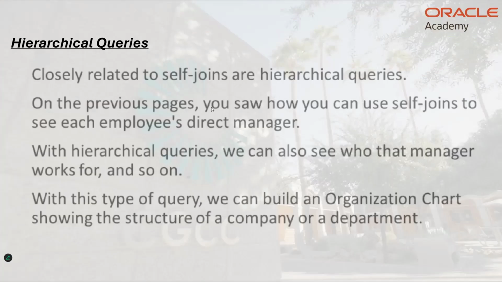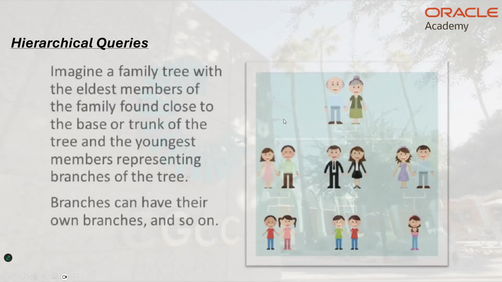All right, so let's take a look at hierarchical queries. Remember these are closely related to self-joins because you want to depict pictorially the hierarchy or essentially build an org chart. And yes, you can do that with SQL. Imagine a family tree where you've got grandma and grandpa, the offspring, and then their offspring.